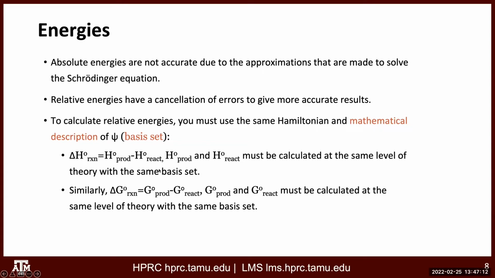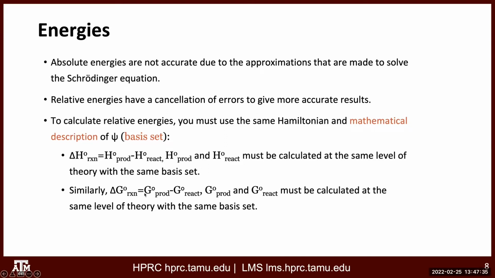For the enthalpy of the reaction, it's the enthalpy of the product minus the enthalpy of the reactant. Similarly, the Gibbs free energy of the reaction is the Gibbs free energy of the product minus the Gibbs free energy of the reactant.